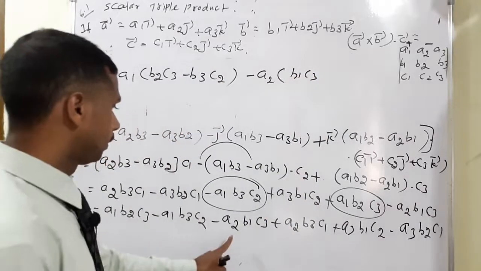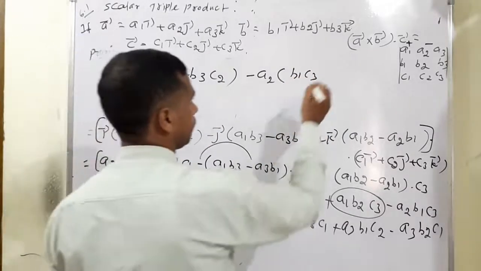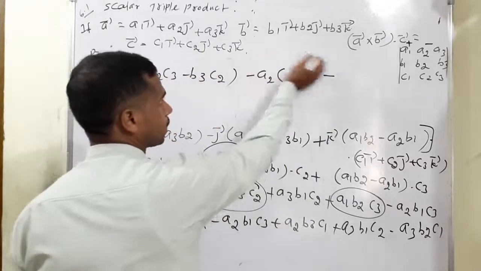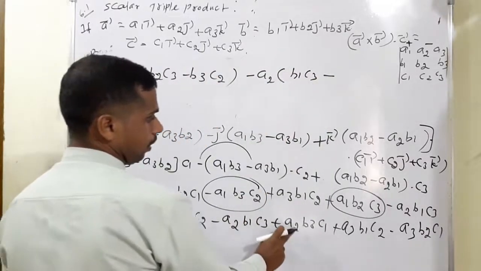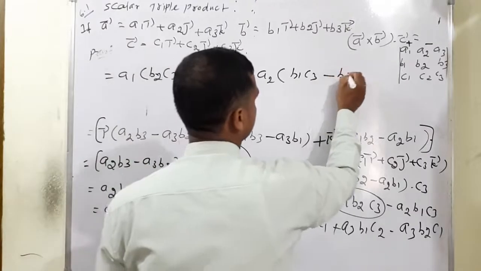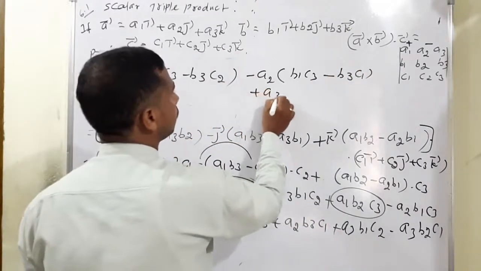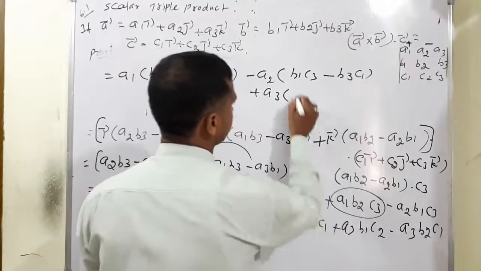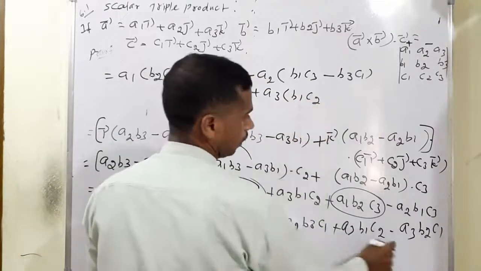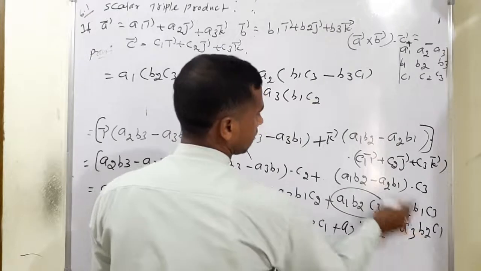Inside here also minus will come. Then only if you remove the bracket, minus into minus, plus term will come. So minus B3 C1. Then next condition, A3 take common outside means B1 C2, then B1 C2 minus B2 C1.